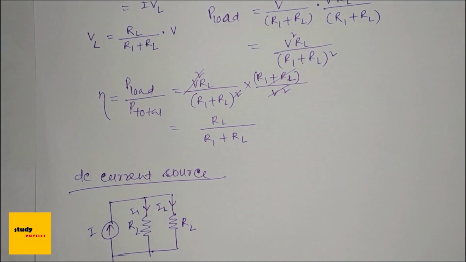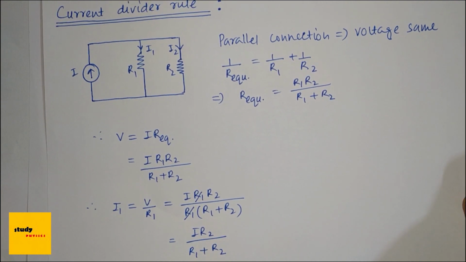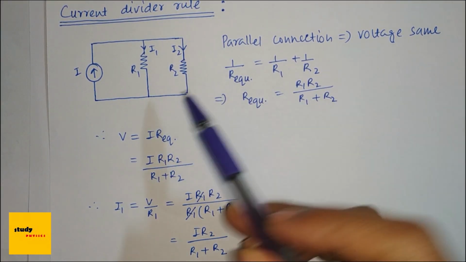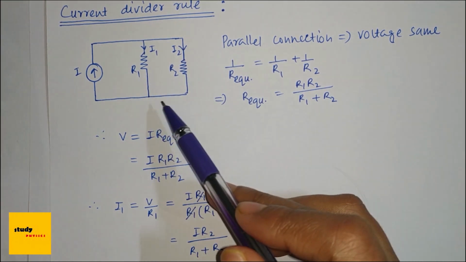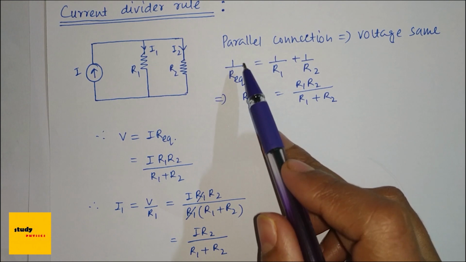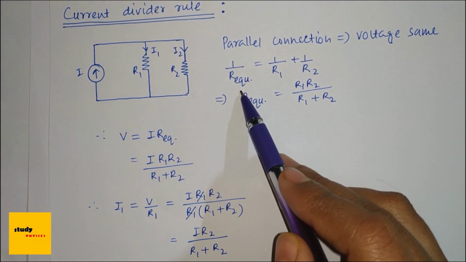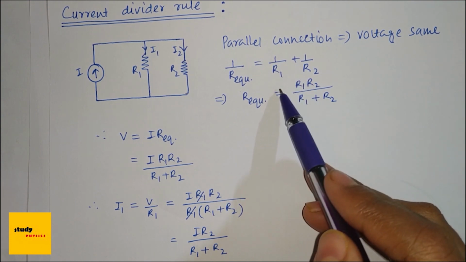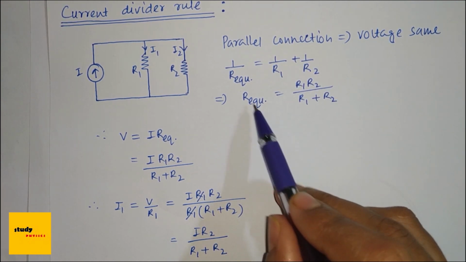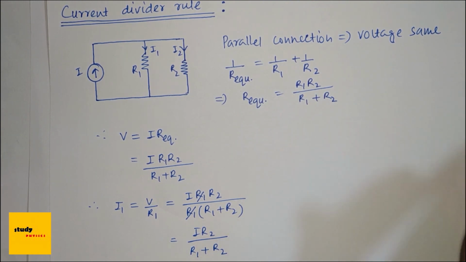For this we have to know the current divider rule. This is a parallel connection and the voltage is the same across the circuit. So for R equivalent, we put 1 divided by R equivalent equal to 1 divided by R1 plus 1 divided by R2, so R equivalent equals R1 R2 divided by R1 plus R2.